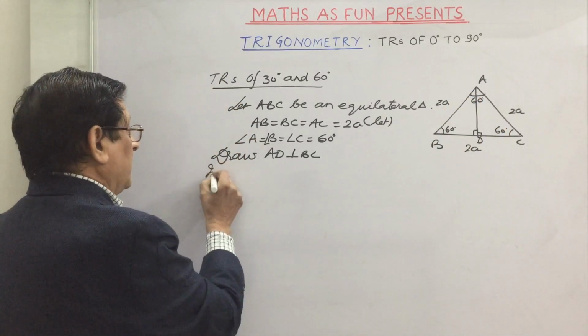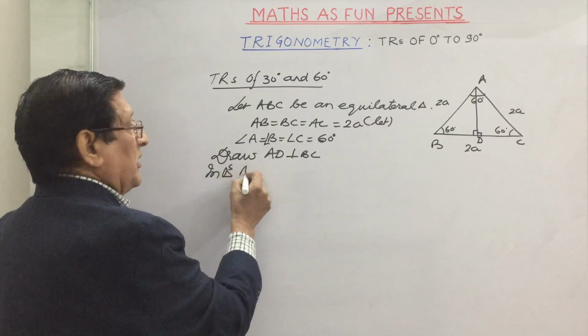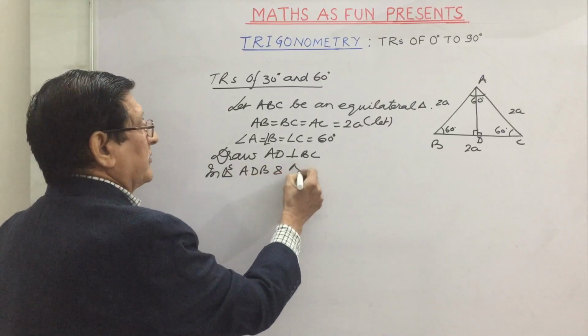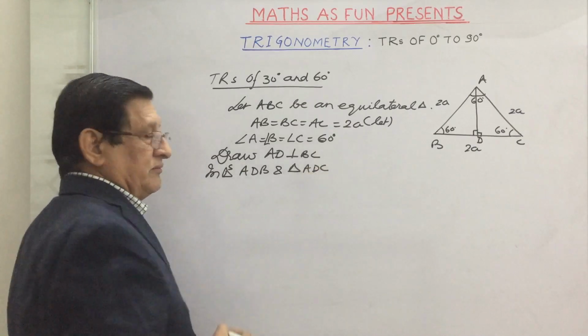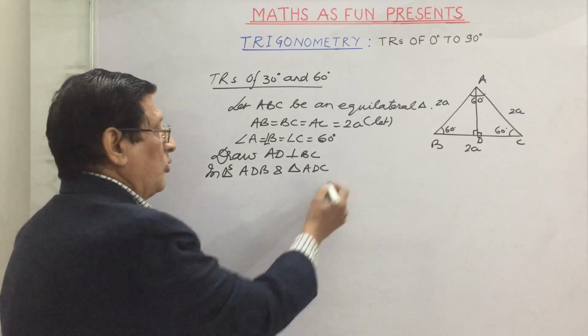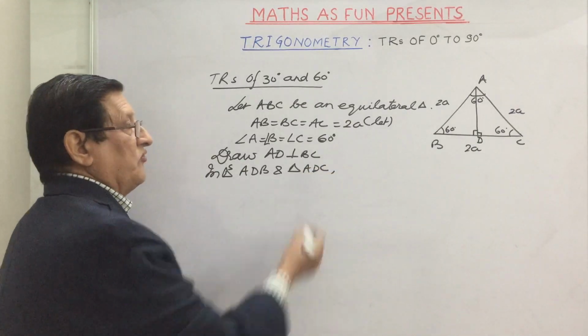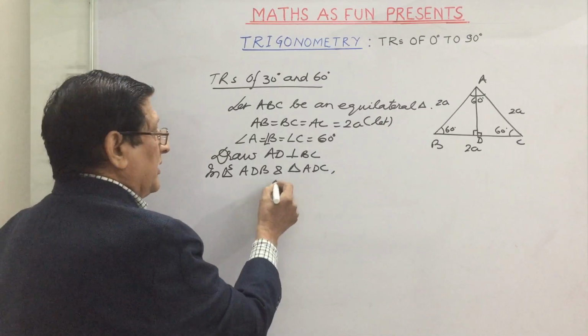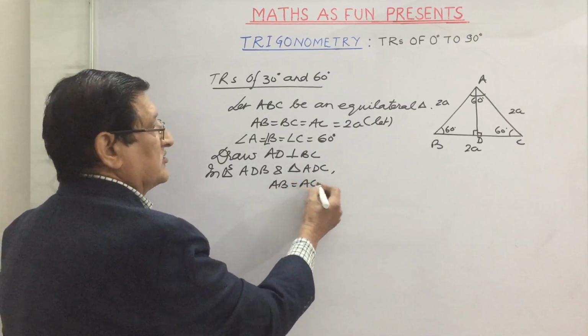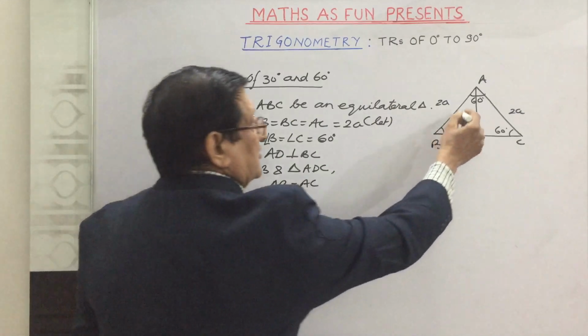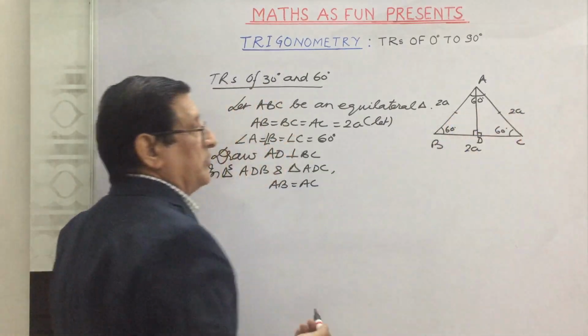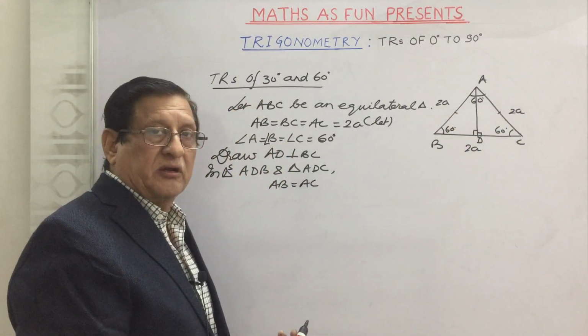So we can write in triangles ADB and triangle ADC, what we get? We are finding here AB is equal to AC. This side is equal to this side because both are the sides of an equilateral triangle.